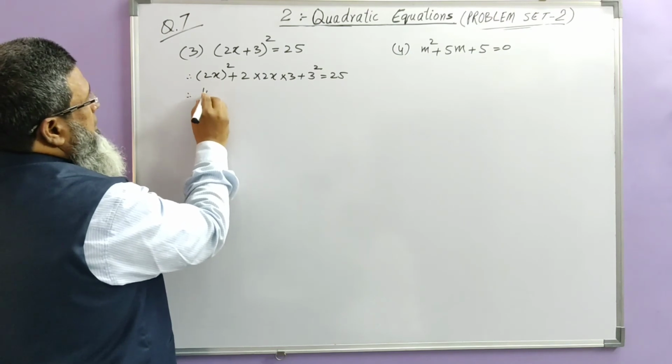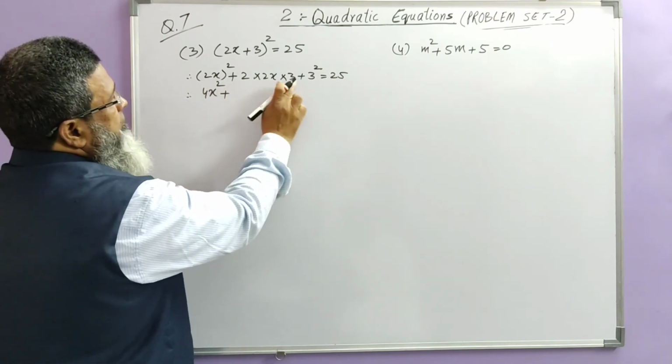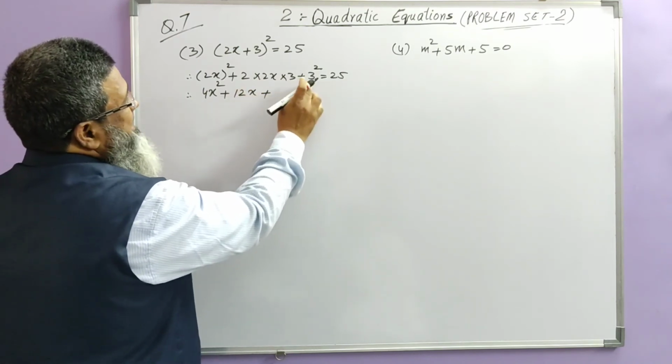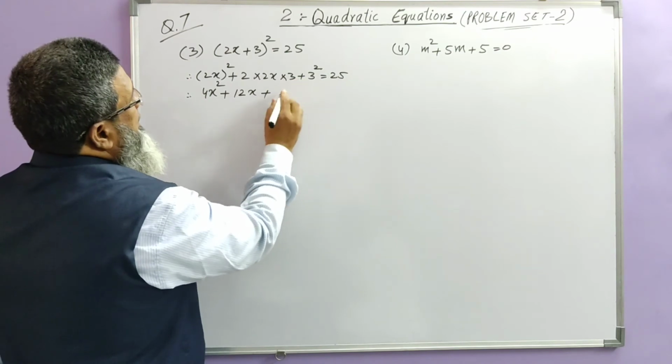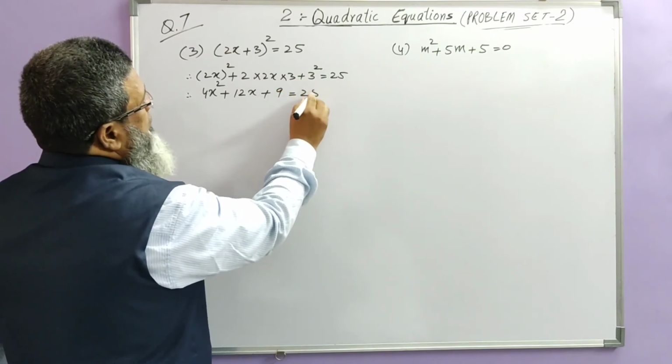This will become 4x square plus 2 into 2 is 4, 4 3s are 12, 12x plus 3 3s are 9 is equal to 25.